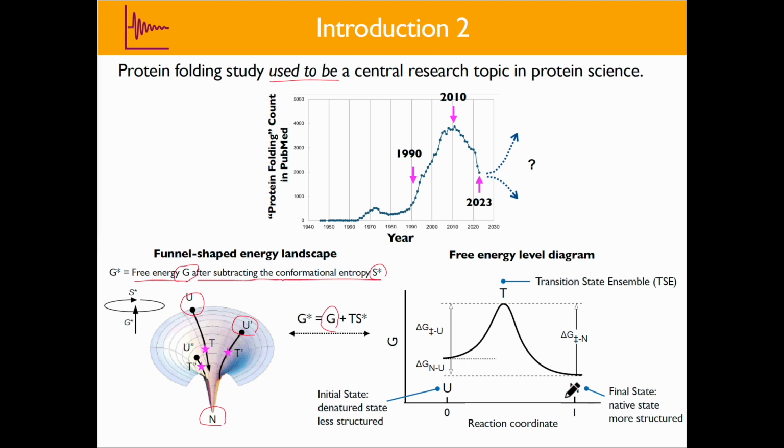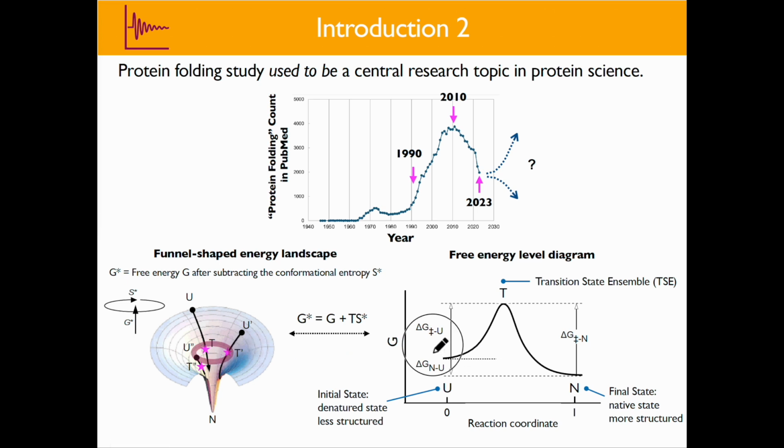Because this is a two-state exchange, there is a high energy state here, the so-called transition state. Importantly, this also has a huge diversity of conformations. To emphasize this point, we sometimes say transition state ensemble, TSE.